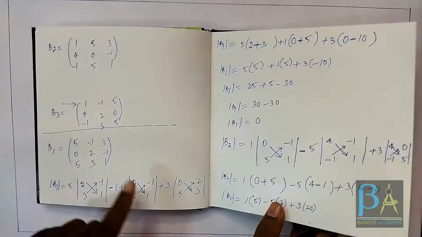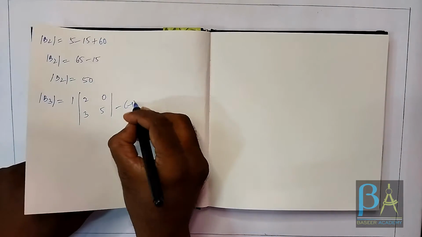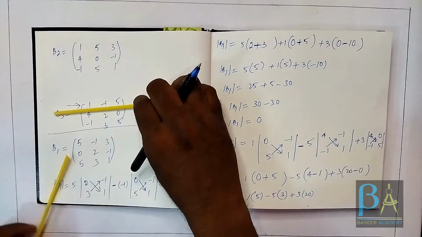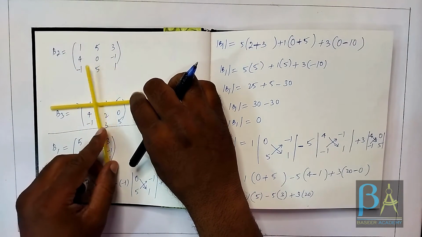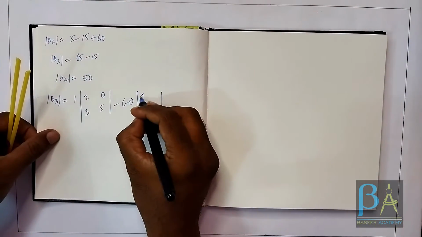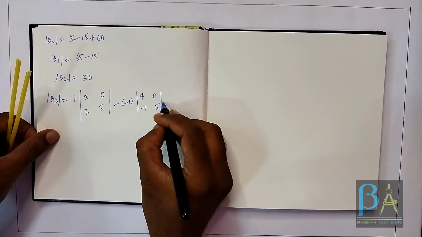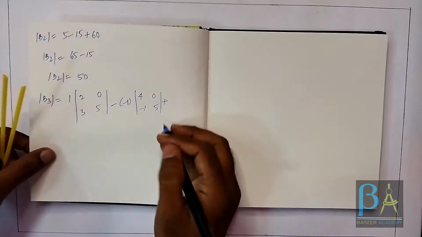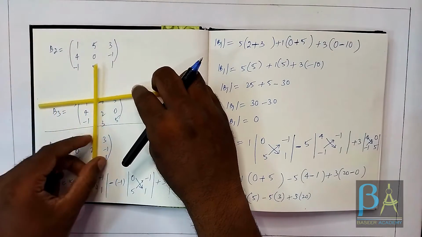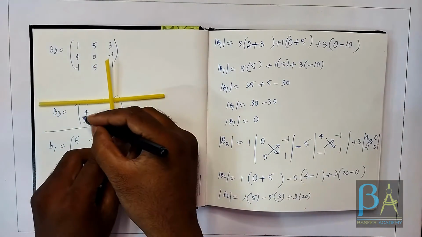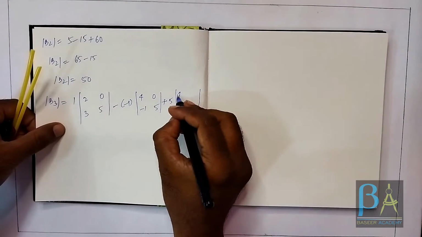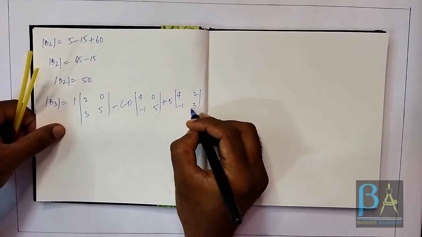And then when I target the next number minus 1 here, I'm left with 4, 0, minus 1, 5. And now when I target 5, I'm left with 4, 2, minus 1, 3.